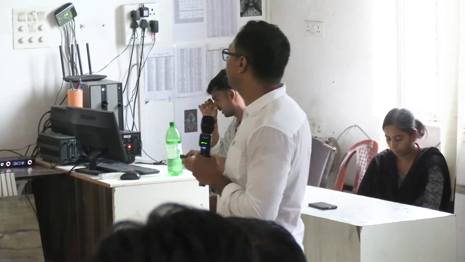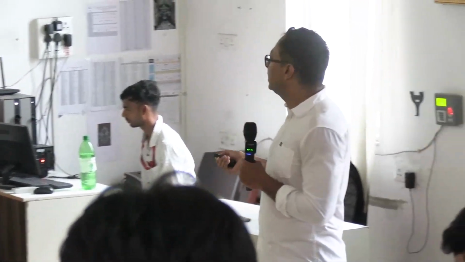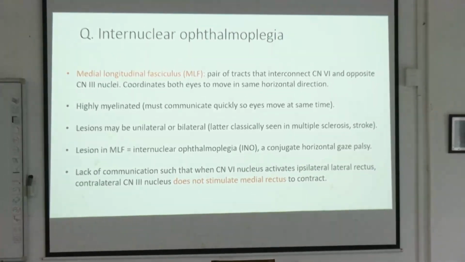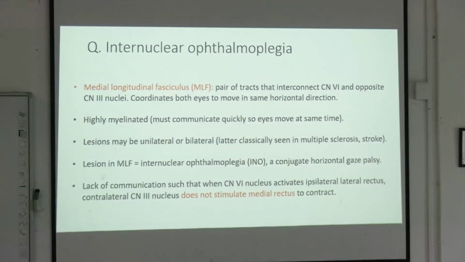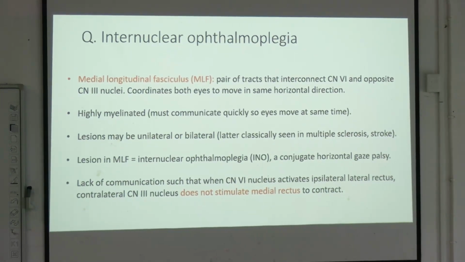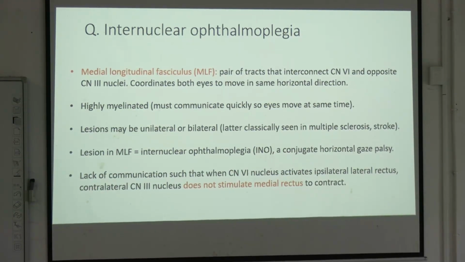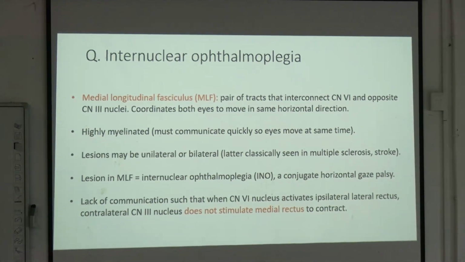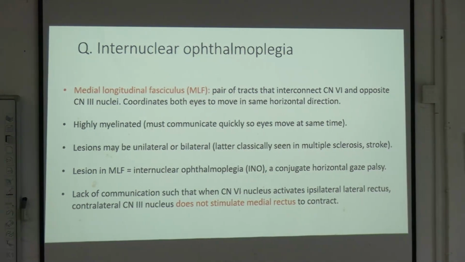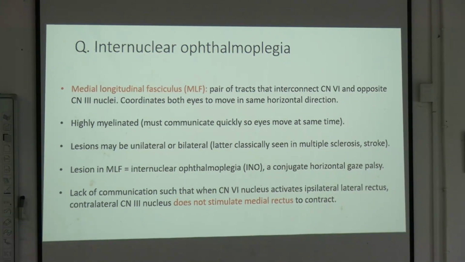internuclear ophthalmoplegia, or INO. It is a conjugate horizontal eye movement palsy, or conjugate horizontal gaze palsy. There is a lack of communication such that when the cranial nerve 6 nucleus activates the ipsilateral lateral rectus, the contralateral cranial nerve 3 nucleus does not stimulate the medial rectus to contract.